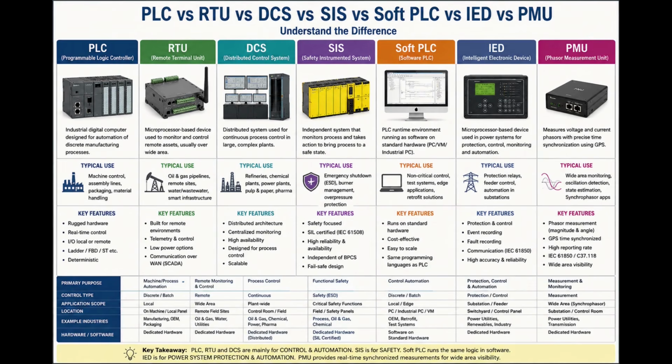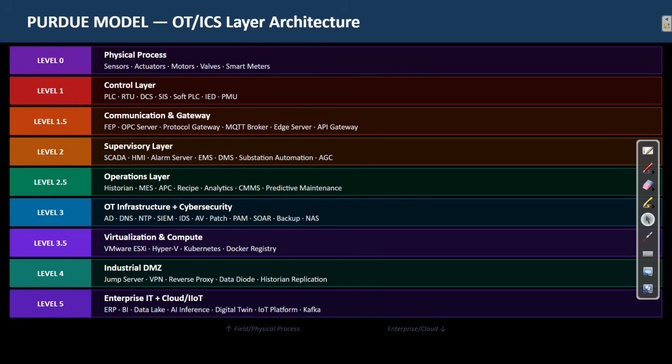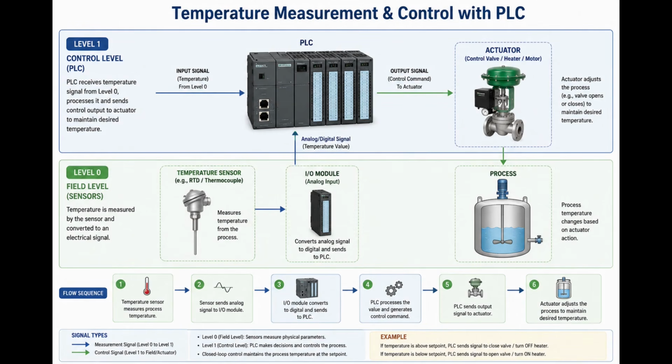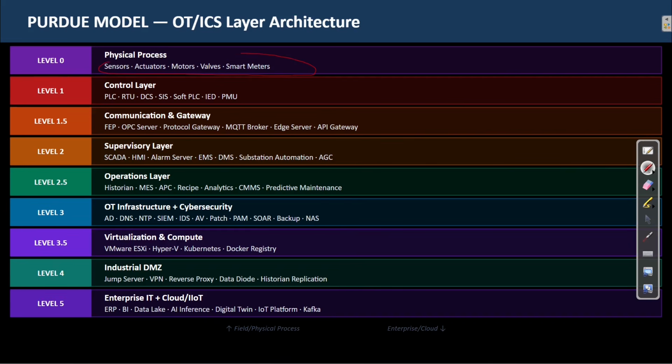For example, if we continue the last example, a PLC receives temperature from level 0 from these sensors. The PLC receives data that the current temperature is this.